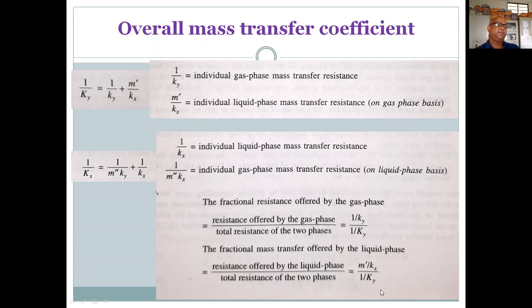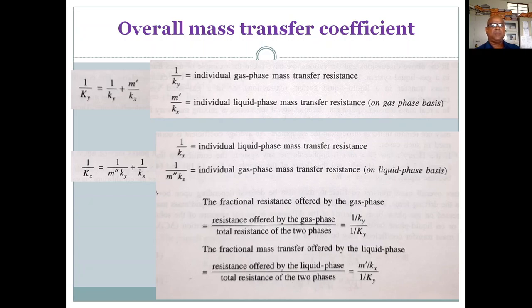This is a very important aspect, because you have to first identify, for a system, which side is offering more resistance, gas phase side or liquid phase side. If the gas phase side is offering more resistance, then you have to concentrate on that and decrease the resistance of the gas phase side, then automatically flux will increase.